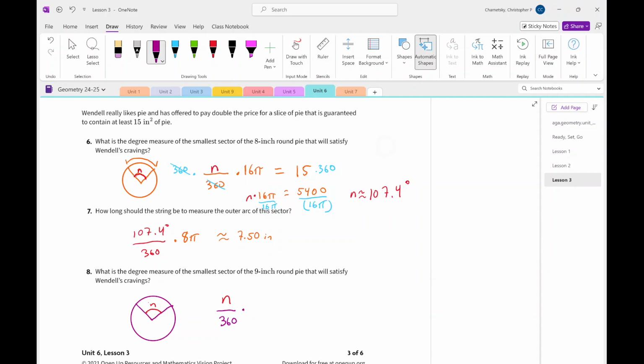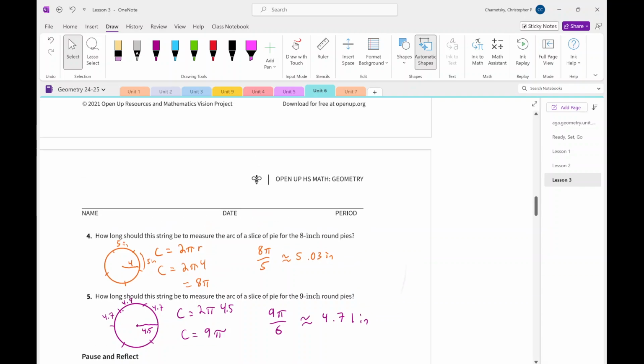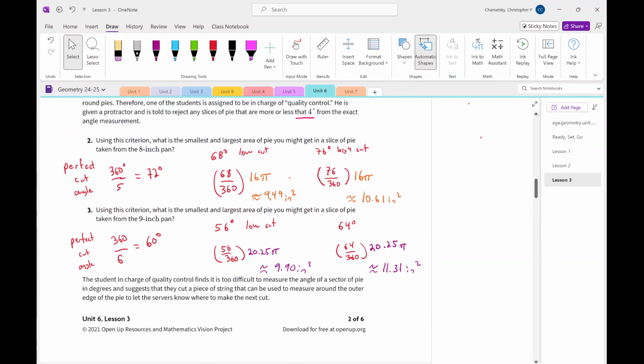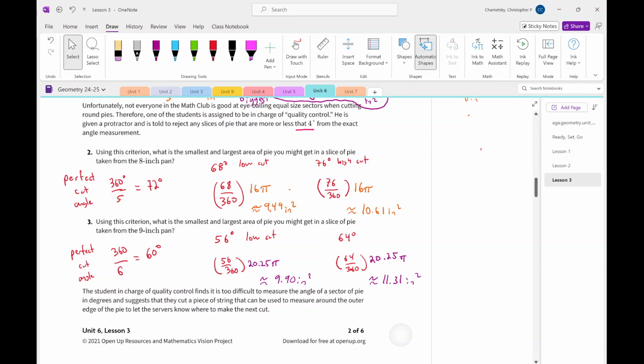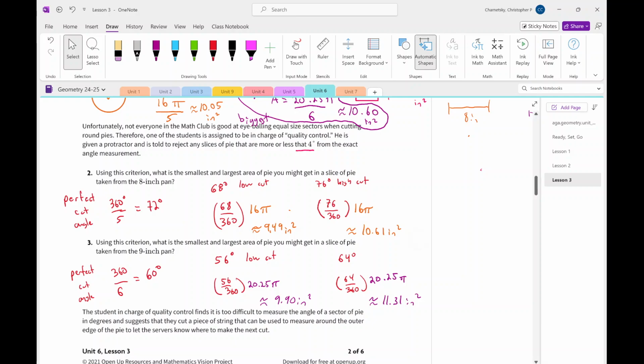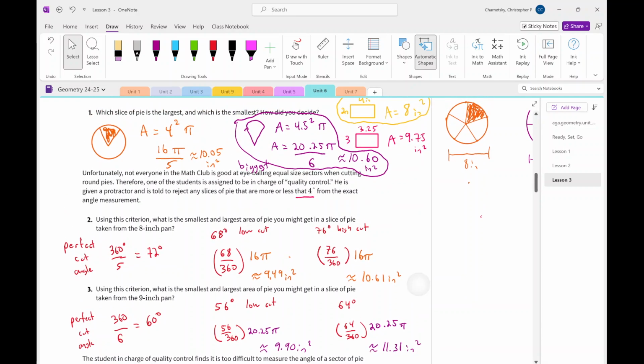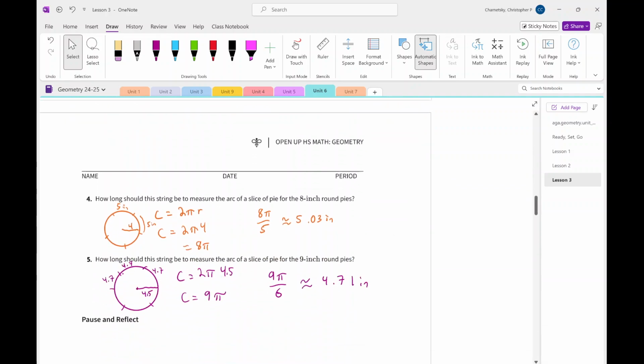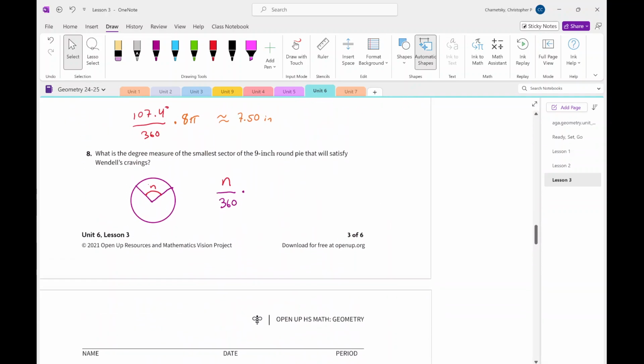So our area for the bigger pie, if we scroll back up, is 20.25 pi. Don't forget the pi in your pie.